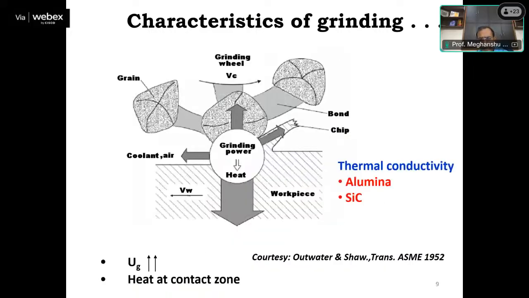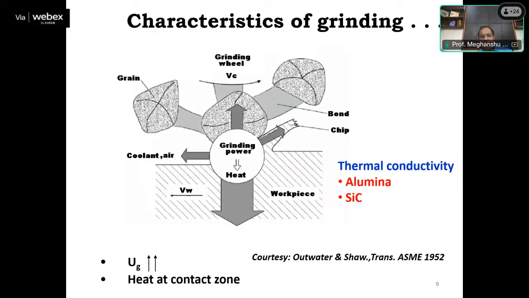This large amount of heat that is generated in the grinding process is transferred. We know that heat has the capability to transfer itself into the atmosphere or surrounding media by three modes. The first mode is radiation, the second mode is conduction, and the third mode is convection.